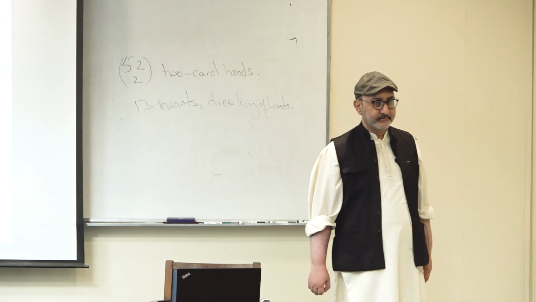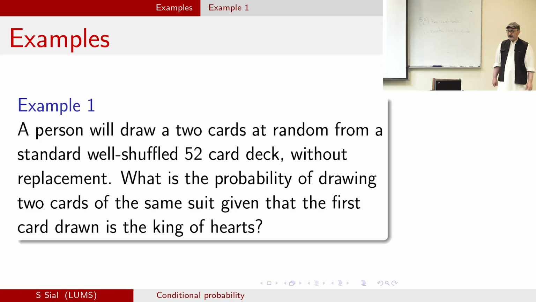So, if I have a deck and I've removed the king of hearts from it, then there are 12 heart cards left, and I want to draw one of those to get a second heart.